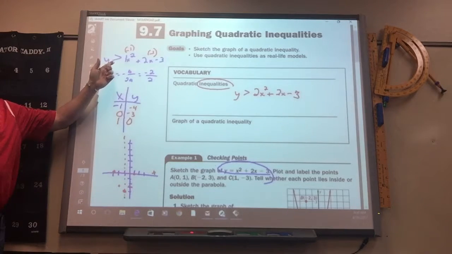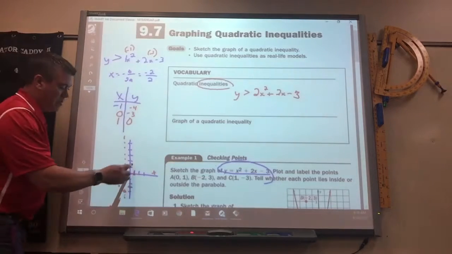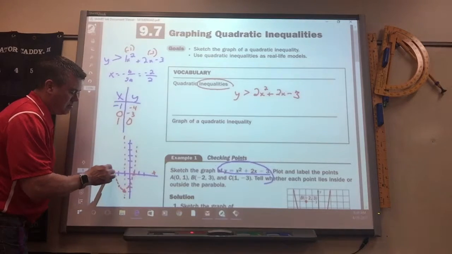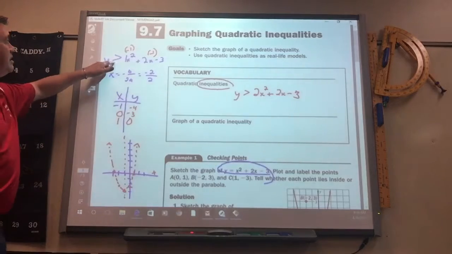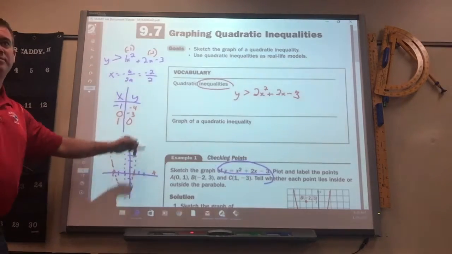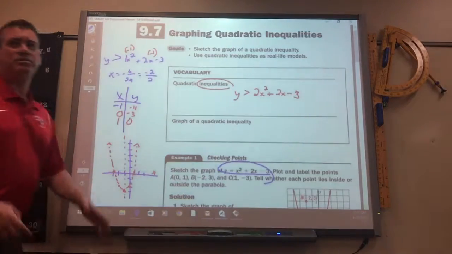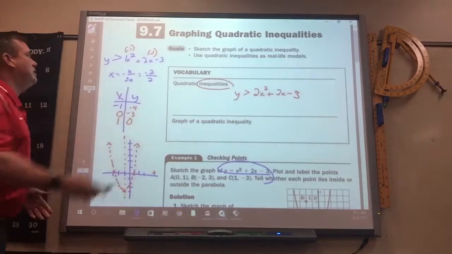Remember doing that before? Since this doesn't have the equal sign, it's just greater than, we make a dotted parabola. If this would have had the equal underneath there, then you make it solid. Then you have to shade. Just like on the linear ones, you have to shade one side of the line or the other.